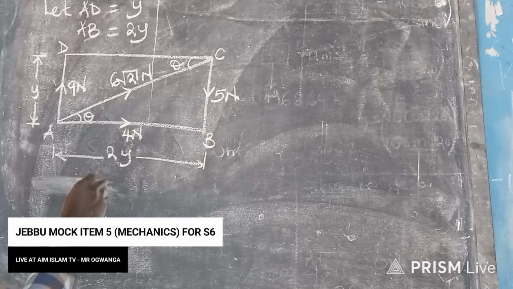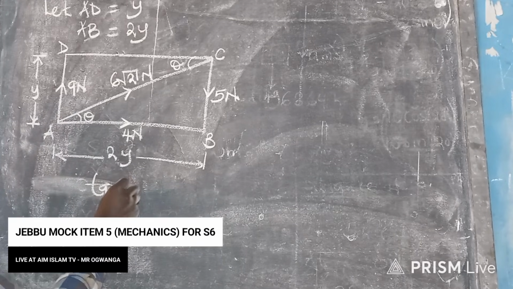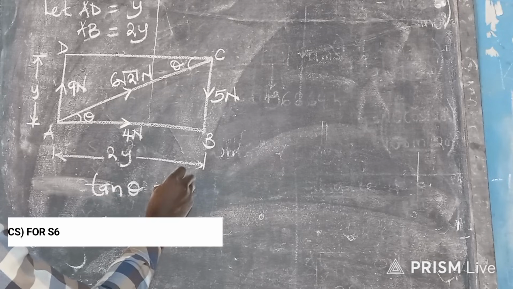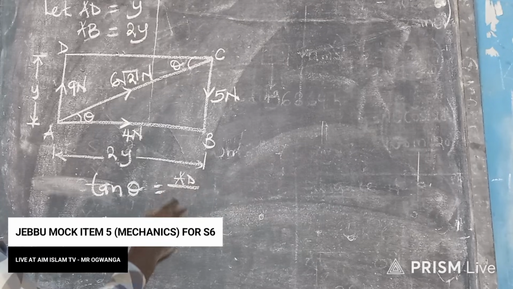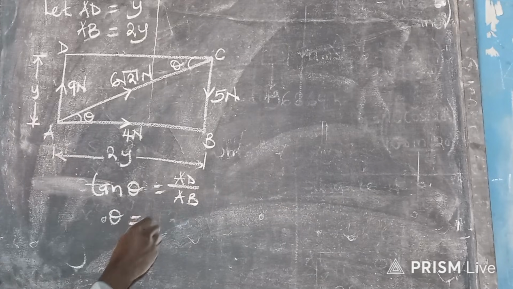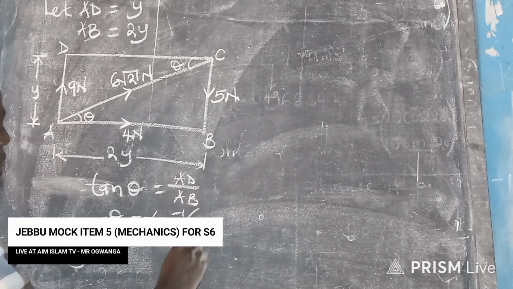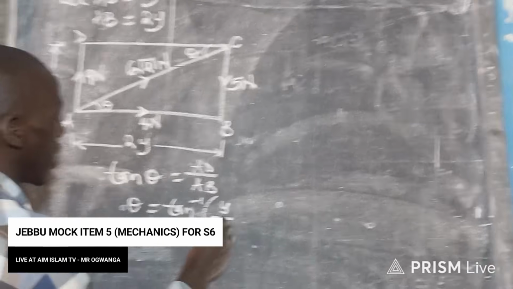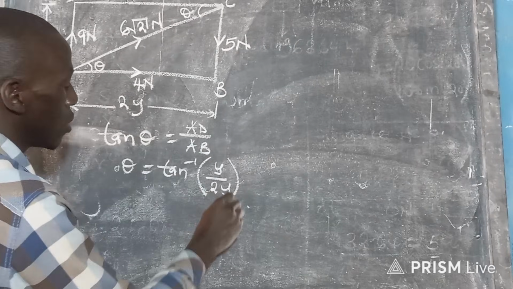That will be calling for the tan of the angle, which is given by opposite, AD, divided by the adjacent, which is AB. So the angle is the tan inverse of AD, which was y, divided by AB, which is 2y.